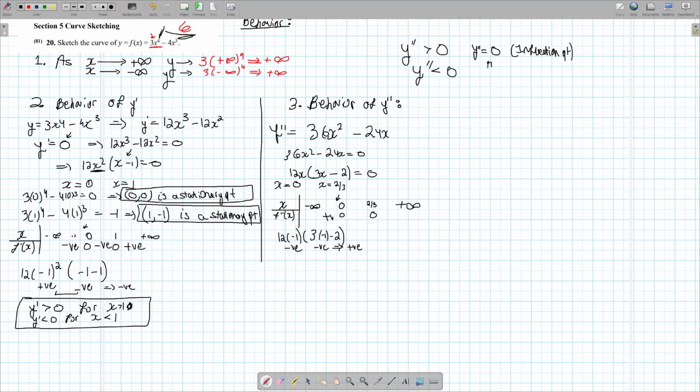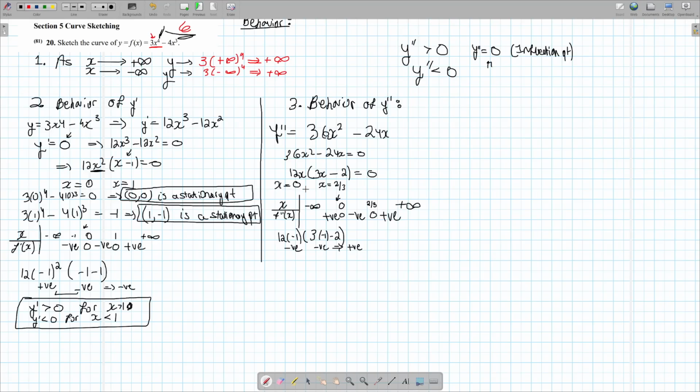So this here will be positive. That means after 0 will be what? It always alternates, right? Negative. And then after 2 over 3, it alternates again, so it's going to be positive. So this is my table of variation. So I now know that x equals 0 and x equals 2 over 3 are both inflection points. You need to know also the y coordinate, right?